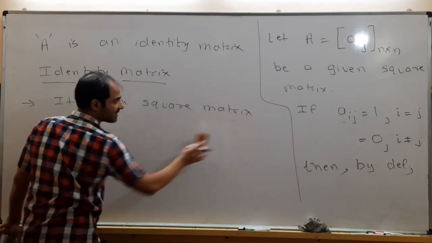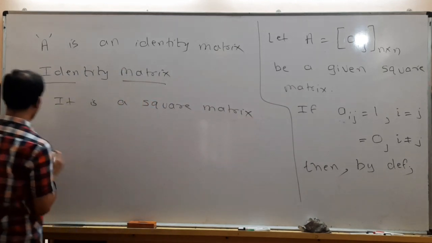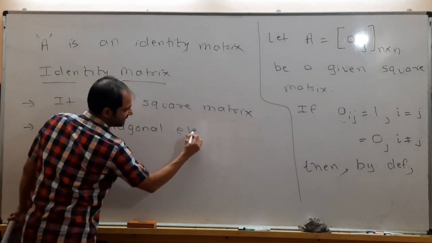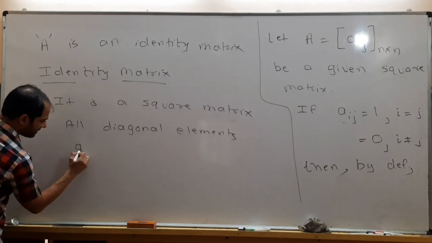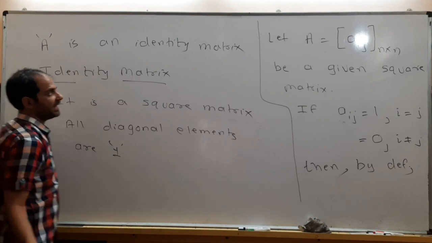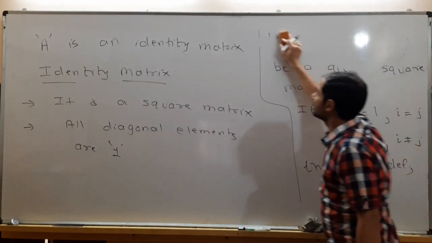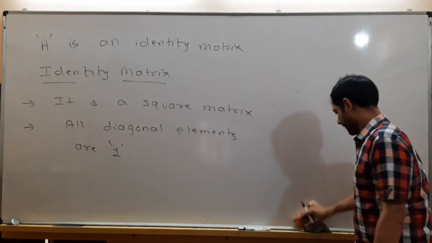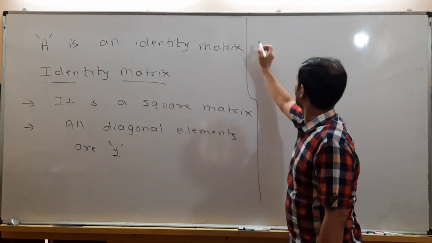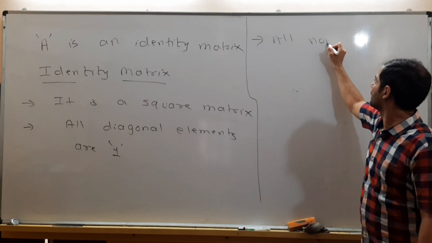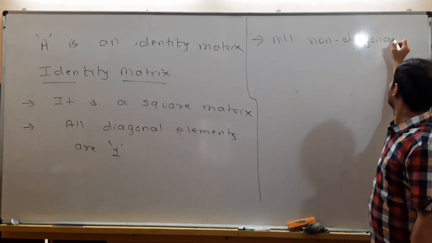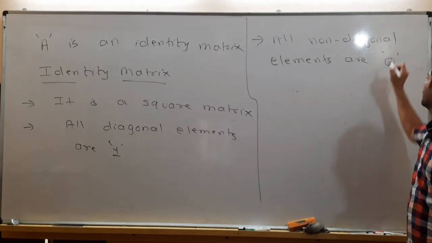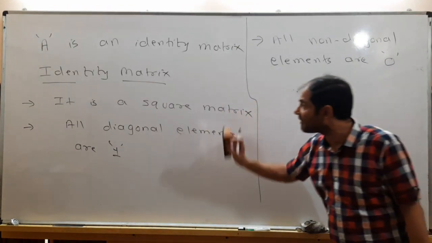Second, all diagonal elements are 1, and the third point is all the non-diagonal elements are 0. This is the subjective definition of identity matrix.